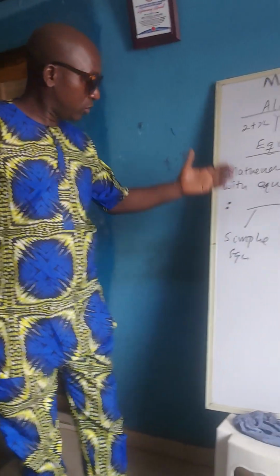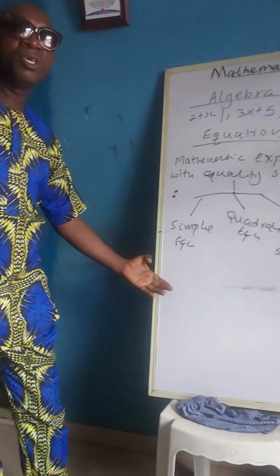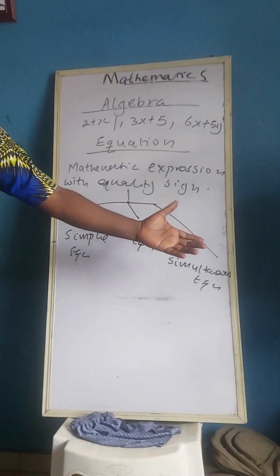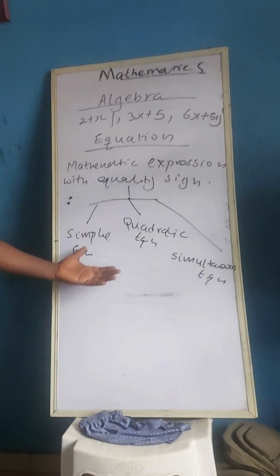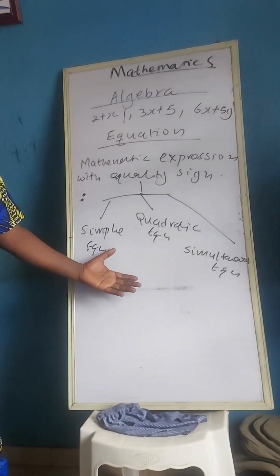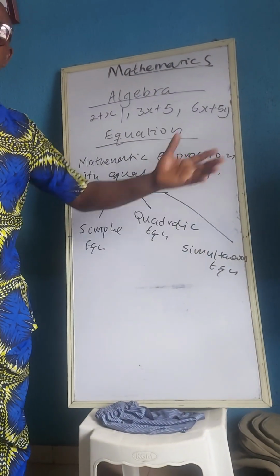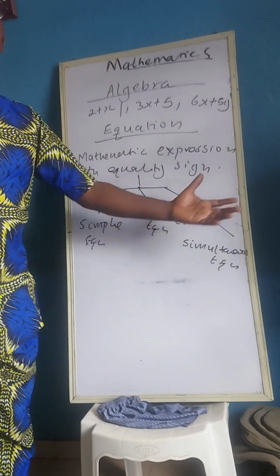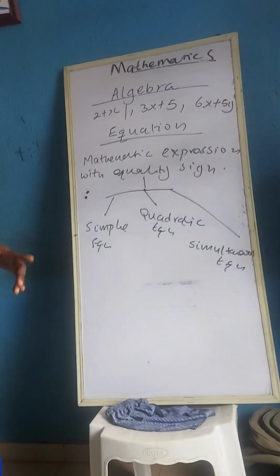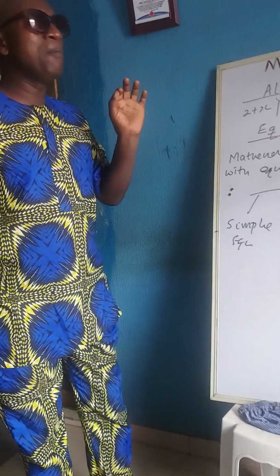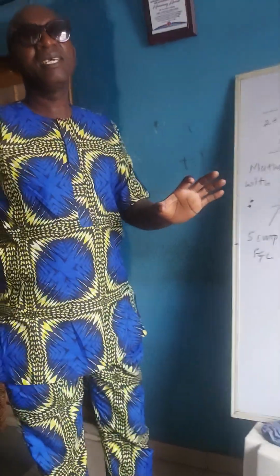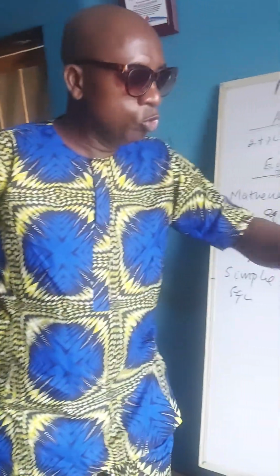When you are in JSS1, JSS2, primary 6, you will be taught simple equation. When you move to JSS3, SS1, you will be taught quadratic equation. When you move to JSS3, also SS1, you will be taught simultaneous equation. They are intertwined. One funny thing about mathematics is that there are some topics you need to know before you know another topic.